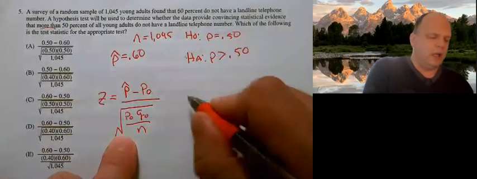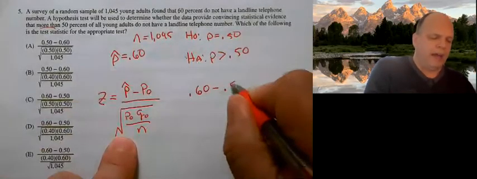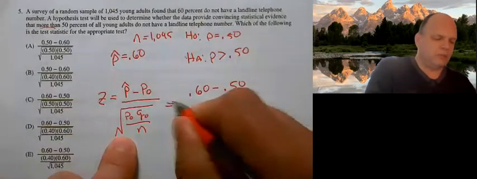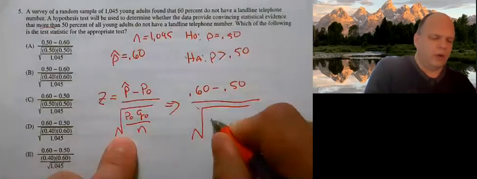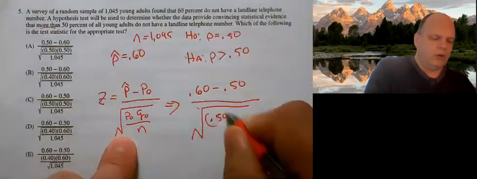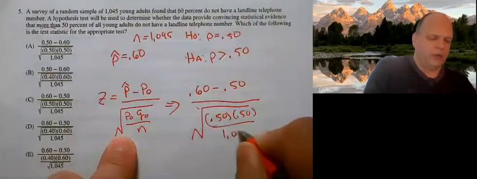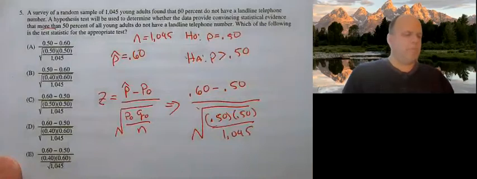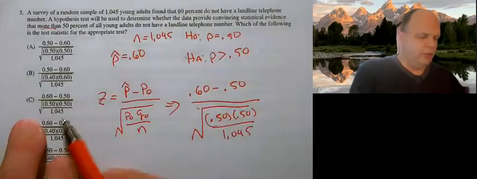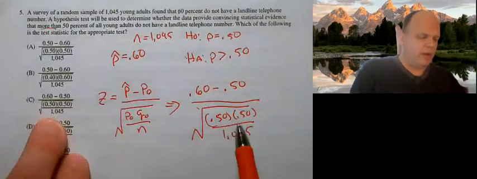So when I plug in, I'm going to have 0.60 minus 0.50 over the square root of 0.50 times 0.50 over 1,045. Okay? So number 5, the best answer is C, 60% minus the 50%, and then we have it here.